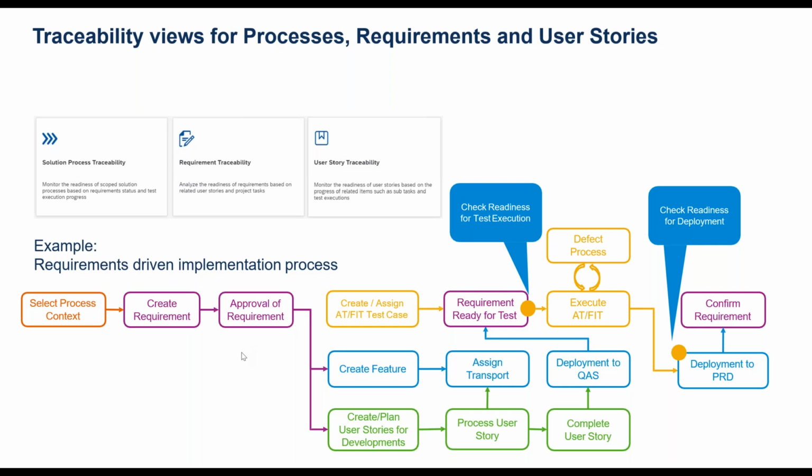We also made some type of change. An example, if it required a transport for it, and if we had any defects and what are the test cases. So from a traceability perspective, you should be able to see from left all the way to the right as to what happened with that requirement before we deployed that into a productive environment.